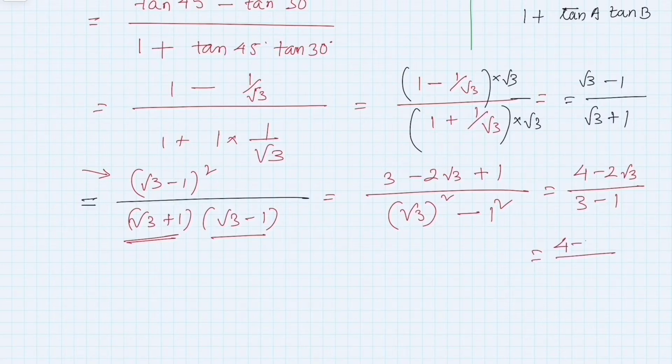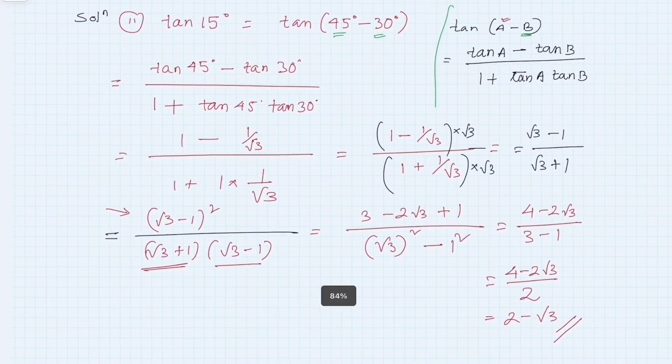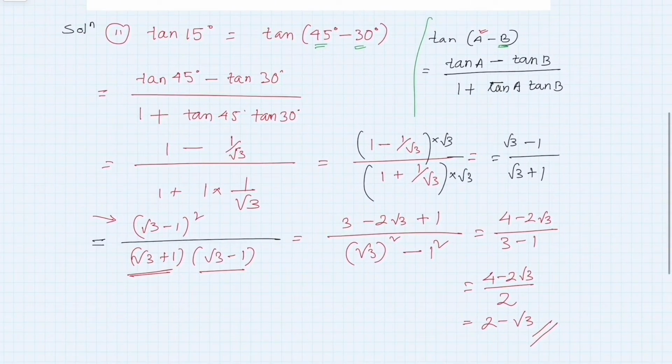Four minus two root 3, and 3 minus 1 is 2. That is equal to 2 minus root 3. So this is our answer of the second part of question number 5.